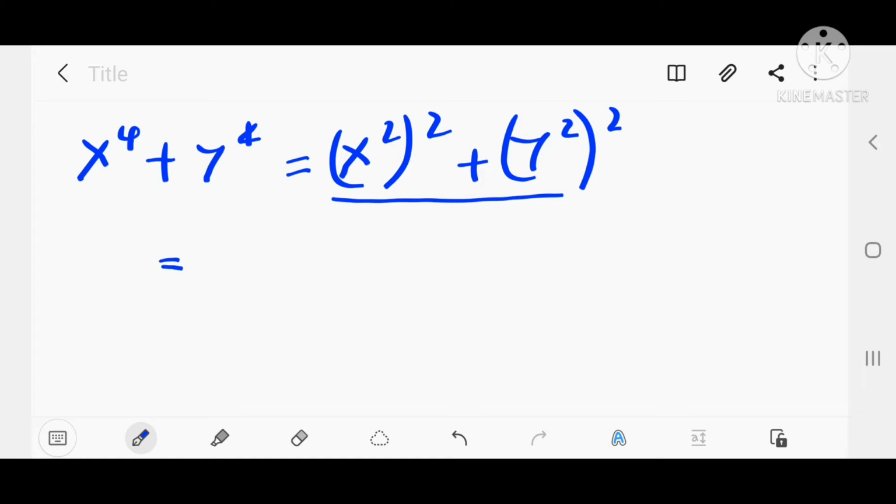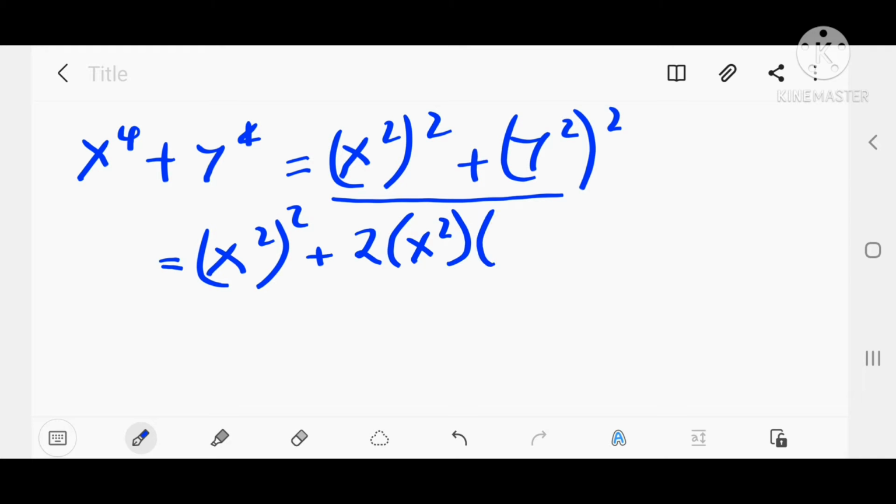We try to expand it. Then we have x exponent 2, plus 2 x exponent 2 y exponent 2. We apply the binomial expansion with 2 degrees.